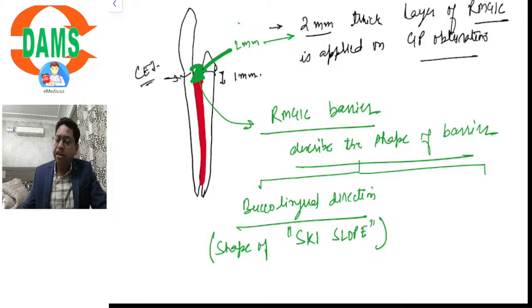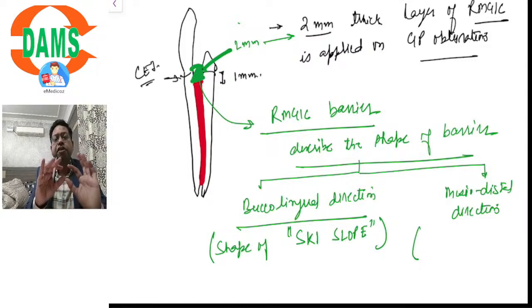And when we see the barrier in the mesiodistal direction, we have applied a 2 millimeter thick barrier onto the obturation. So 1 millimeter would be below the CEJ, 1 millimeter would be above the CEJ.